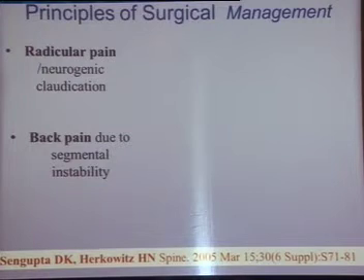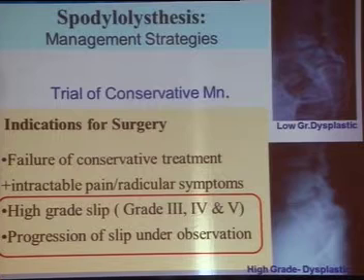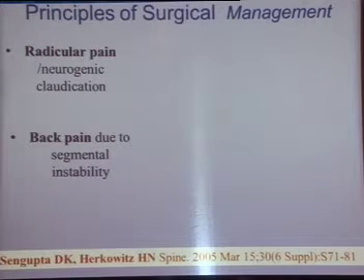Now, when you need to operate on them, if conservative management has failed and there's intractable leg pain, claudication and back pain, then there's an indication for surgery. So simplistically, what are the surgical principles that you adhere to? If there's leg pain or neurogenic claudication, then obviously you would look to decompress.